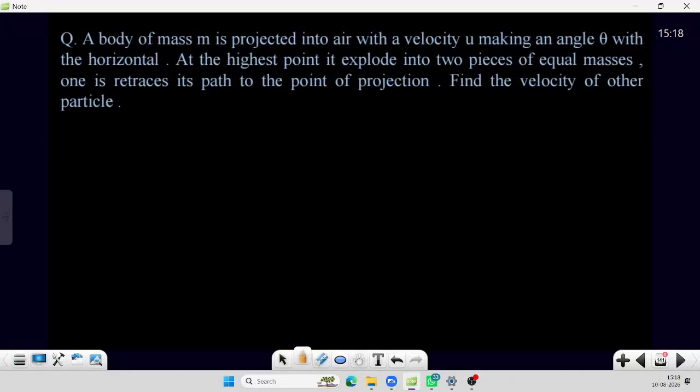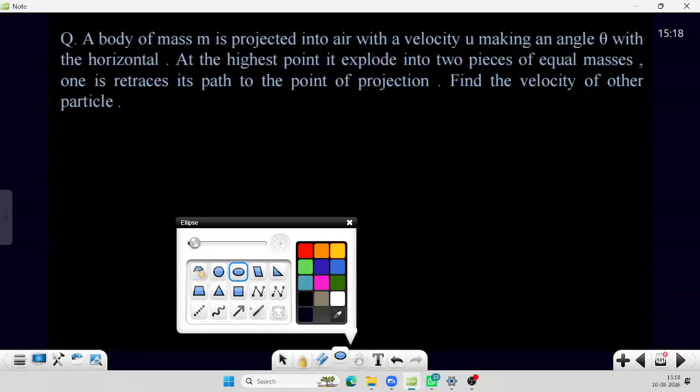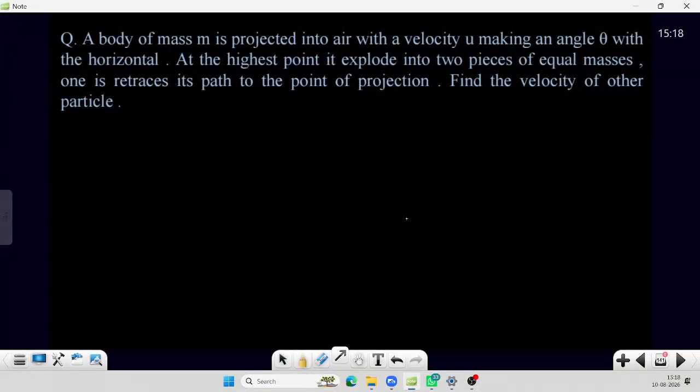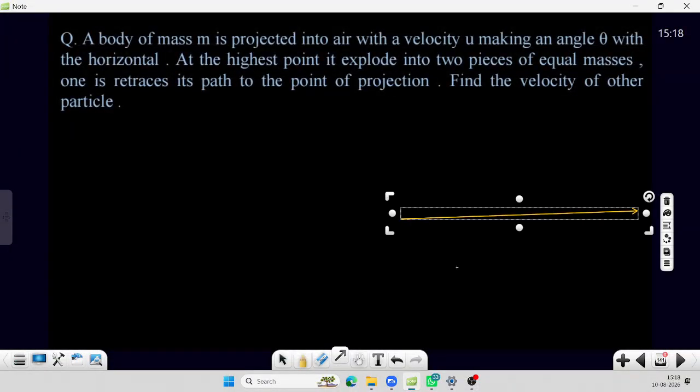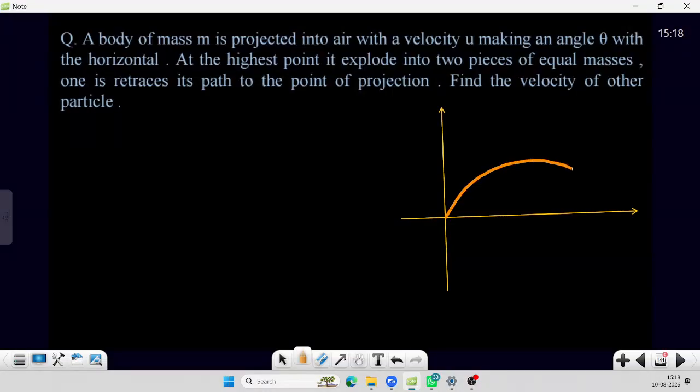So what happened now? They are saying your projectile actually has to move like this.